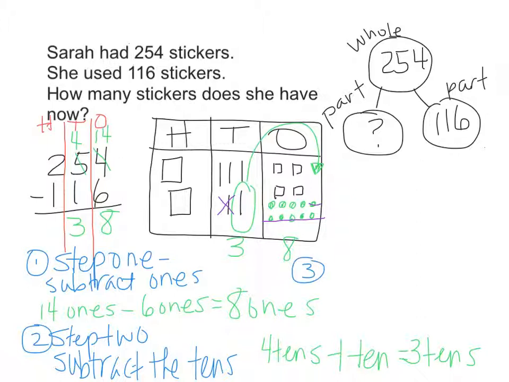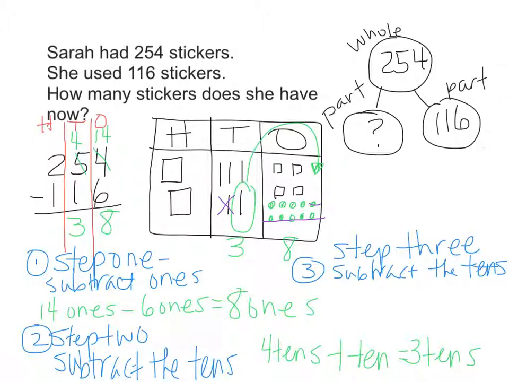Now we're going to go on to our next step. Step 3. And in step 3, we have to subtract now what place, children? Well, the hundreds, you're right. So subtract the hundreds. Okay, now, so now we have, let's look at it. We have 200 here, we have 200 here.